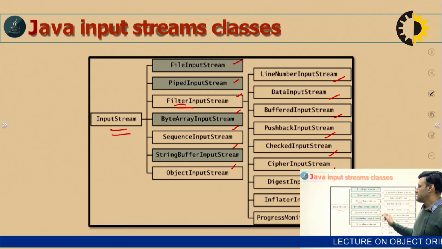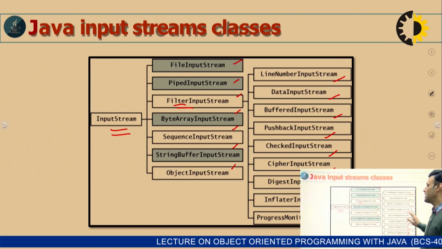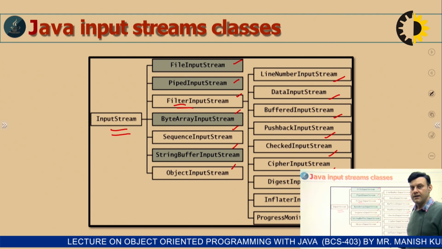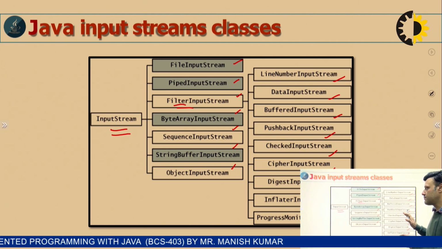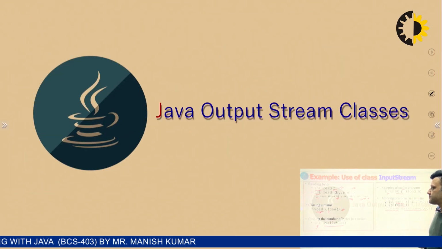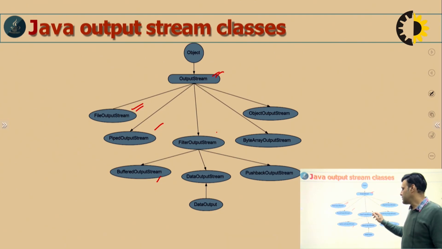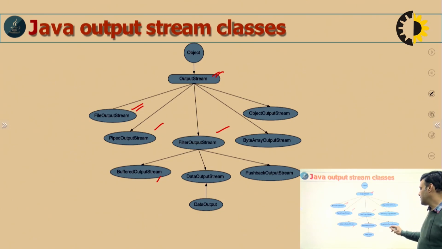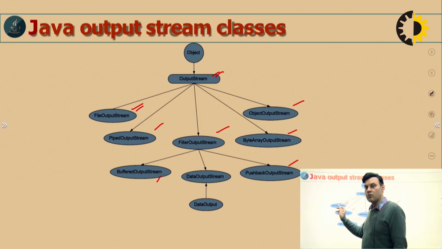Just like this input stream, we have a number of classes, and corresponding to the input stream we have output stream. This will have piped output stream, filter output stream. Filter output stream will have buffered, data, pushback output stream, object output stream, byte array output stream, right? Just like file input stream, we have file output stream.